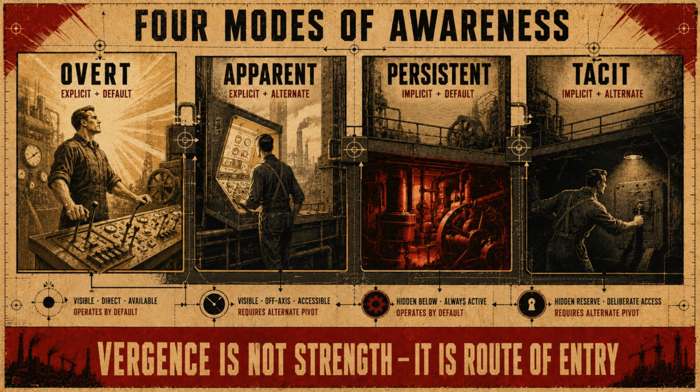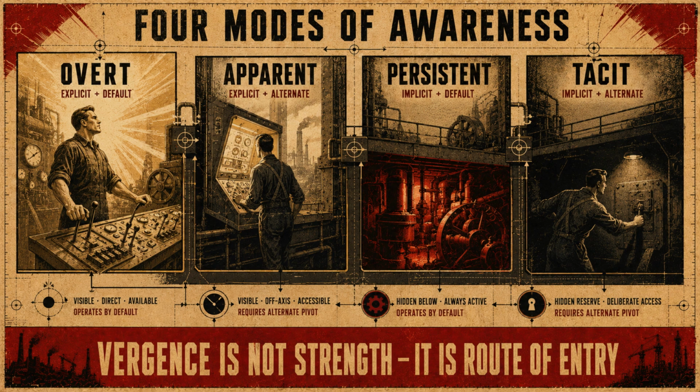Apparent is also explicit. It can be seen, it can be noticed, it can enter awareness clearly, but it is not where the psyche turns by default. It has to be engaged as an alternative. Persistent is the reverse. It is not usually explicit in awareness, but it keeps operating by default underneath.